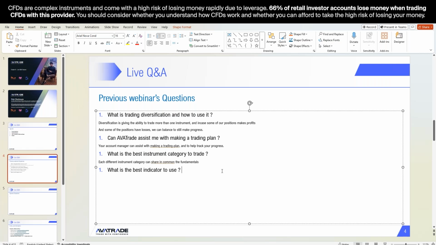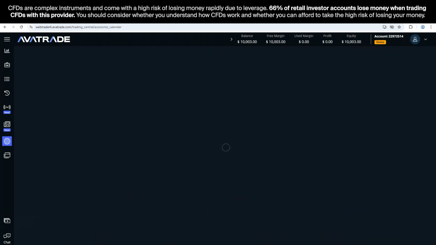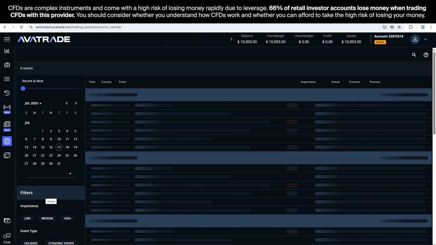So each category has its own fundamentals, but they do share something in common. For instance, if I'm analyzing USD, AUD USD is an example, and I know that the interest rate in Australia and in Canada, they're both having different decisions regarding the interest rate, and I'll know more about it via the economic calendar or any other source.